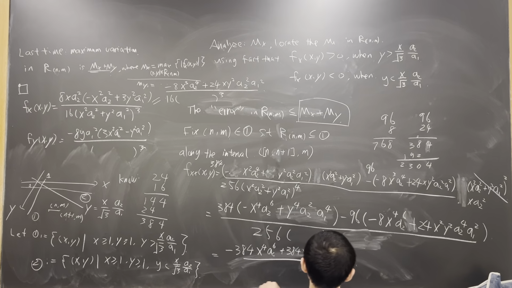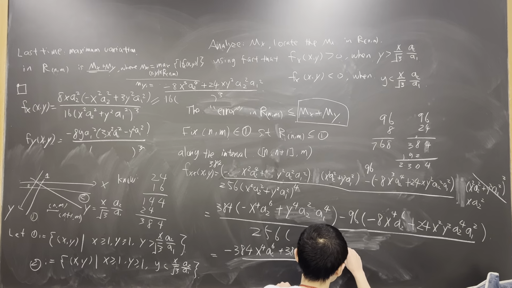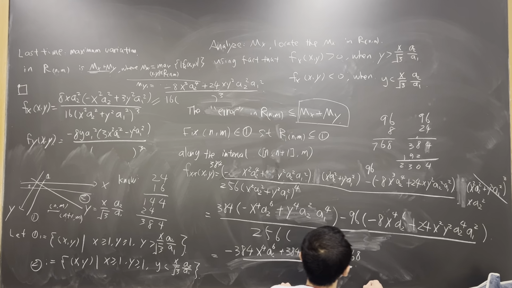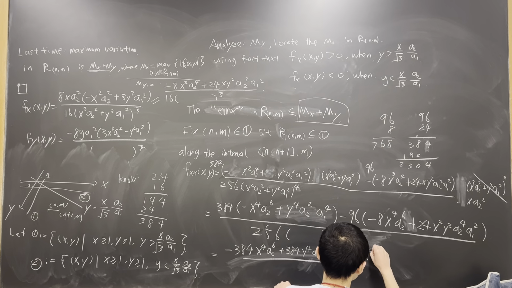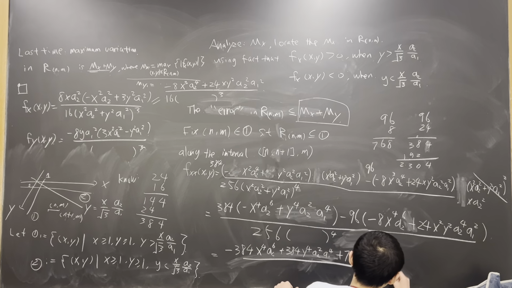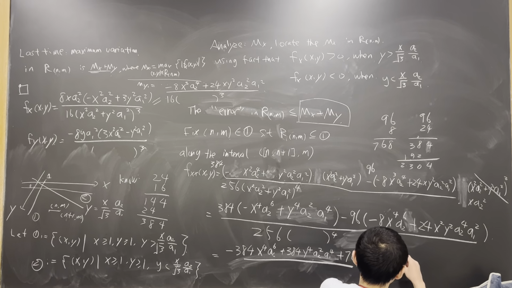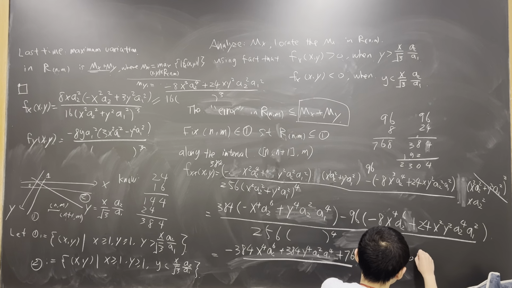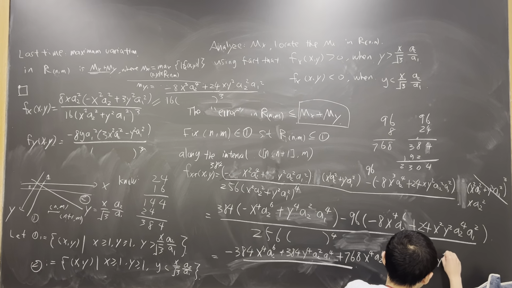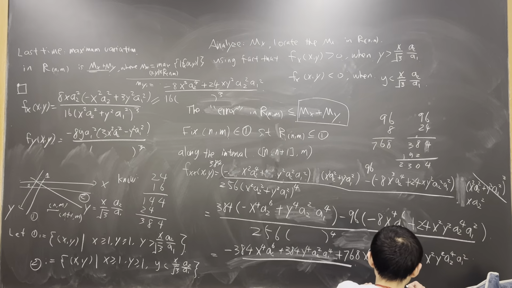And then plus 768 x to the fourth power, a2 to the sixth power, minus 2304 x squared y squared, a2 to the fourth power, a1 squared.